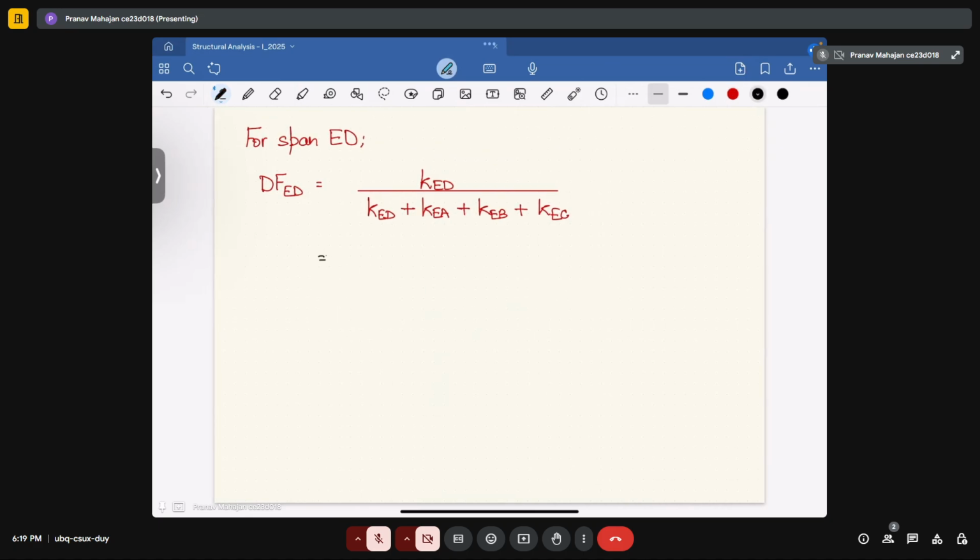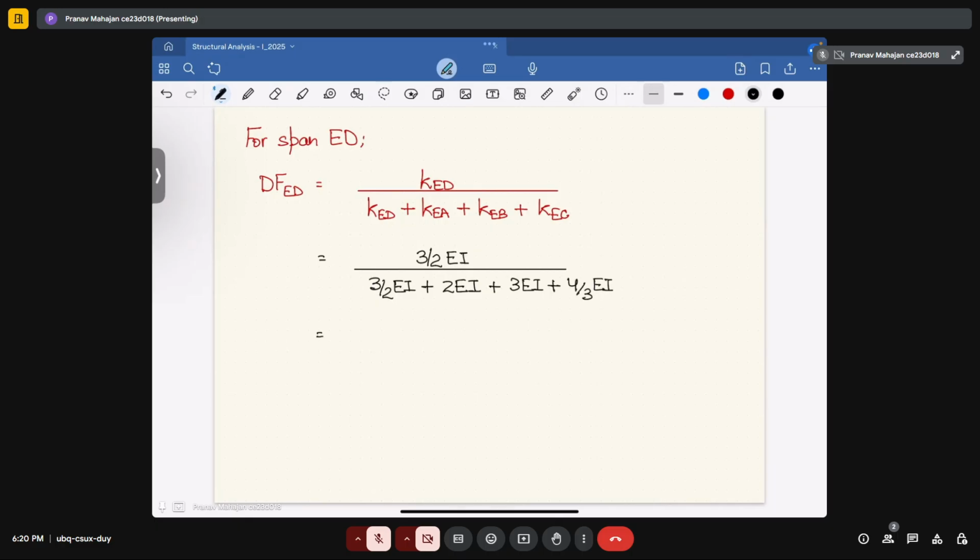Your K of ED, which you calculated as 3 by 2 into EI, divided by 3 by 2 of EI plus the others, which are 2EI plus 3EI plus 4 by 3 of EI.